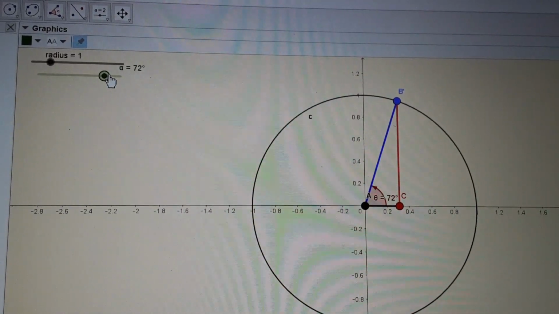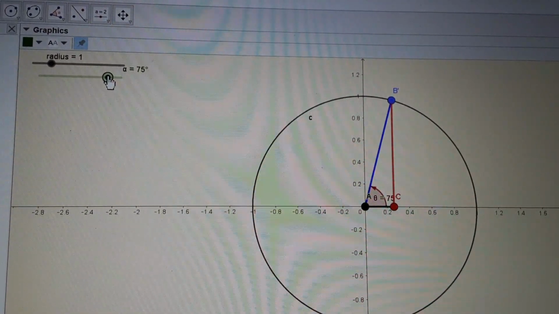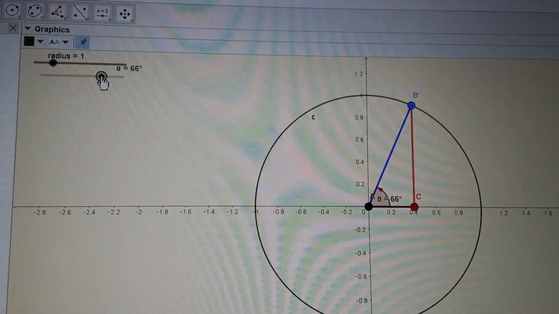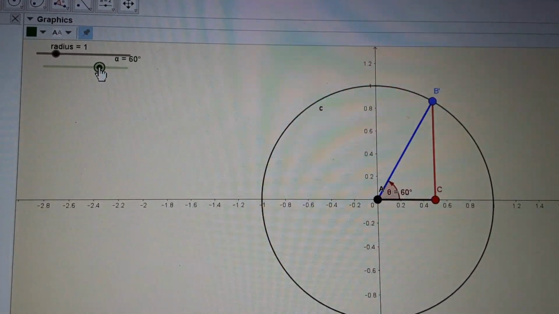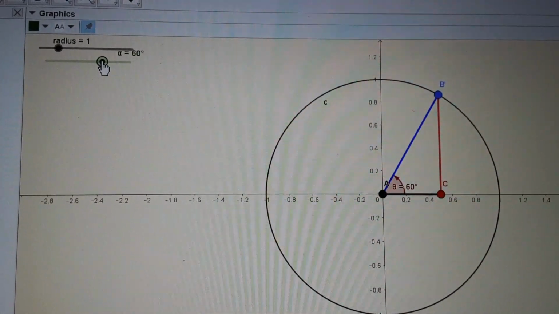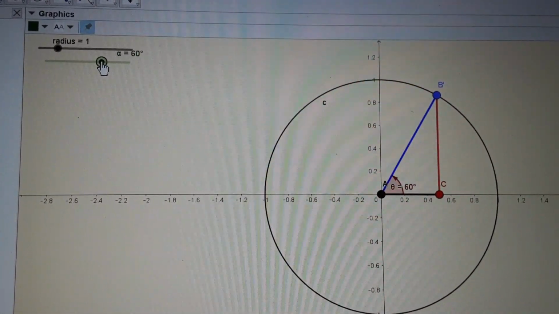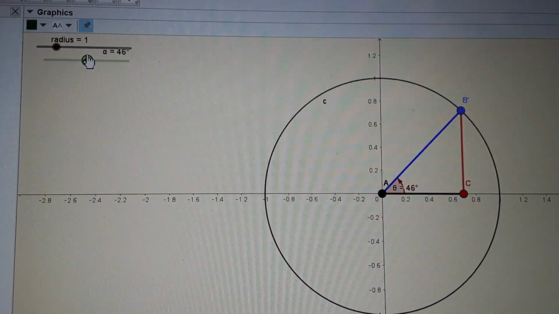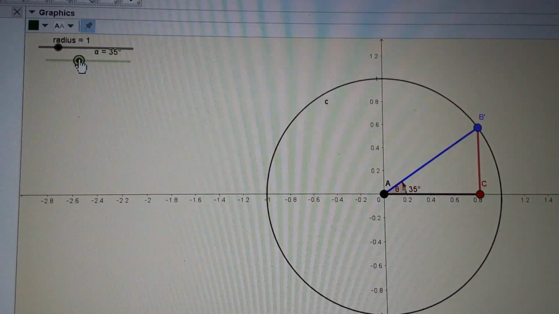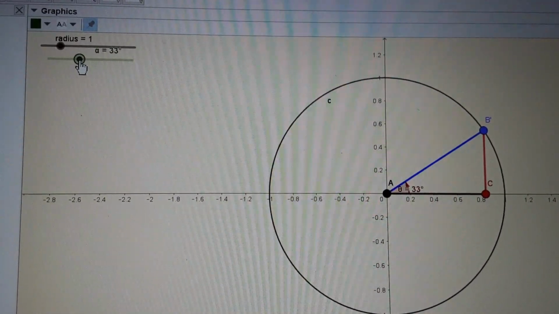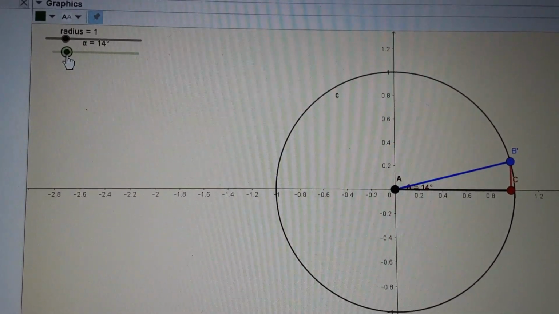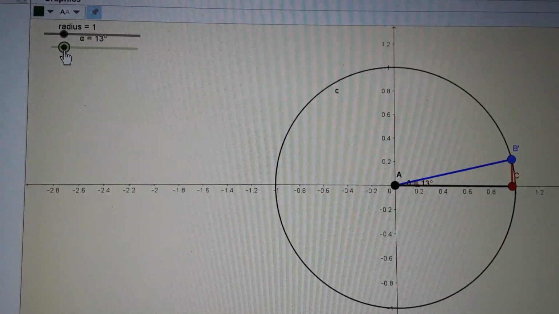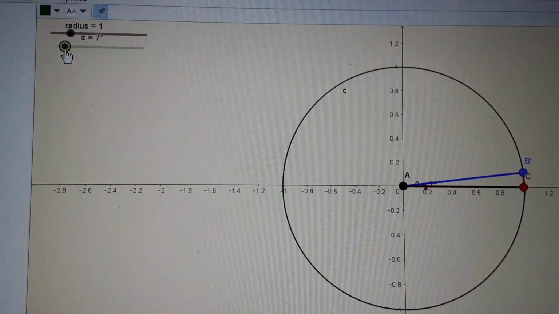As theta is decreasing, now theta is 60 degrees, the adjacent side increased in length and the opposite decreased, further decreasing. Further, the adjacent side is becoming equal to that of the hypotenuse and the opposite side becoming smaller further.